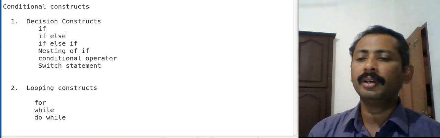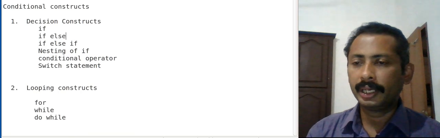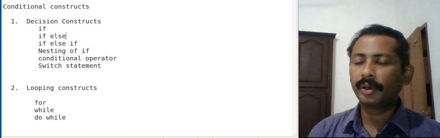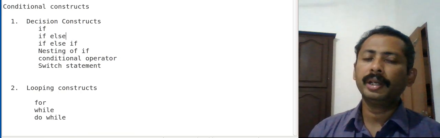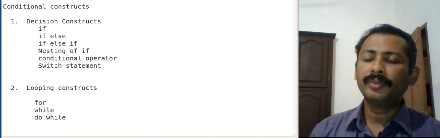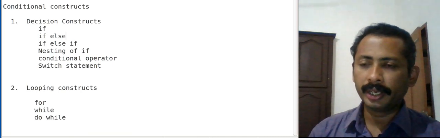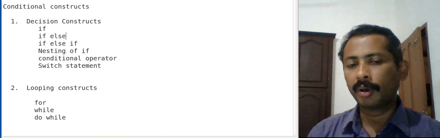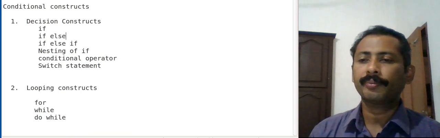If a less than b, system.out.println hi, else system.out.println hello. If the condition is true, the first part gets executed, and if the condition is false, the else part gets executed. It is familiar to all of us, like C++.